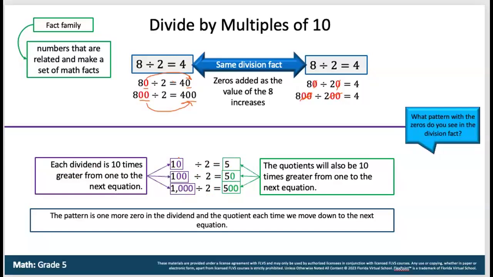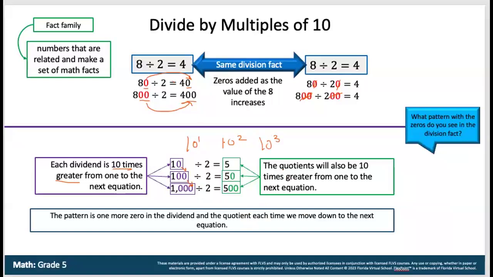So I know, again, it's 10 times greater than the one in the next equation. So notice that 0 is moving over a place value, which means it's like saying 10 to the first, 10 to the second, 10 to the third, because again, this is to the power of 10.